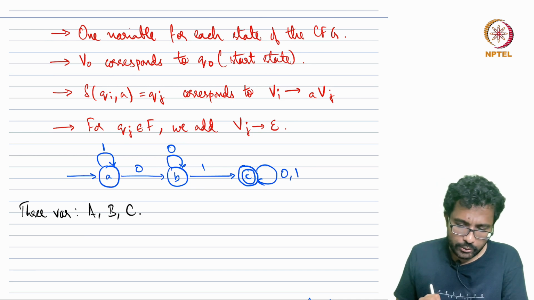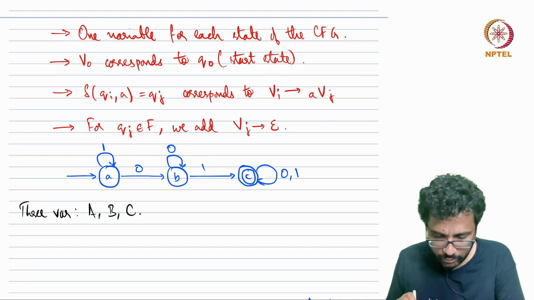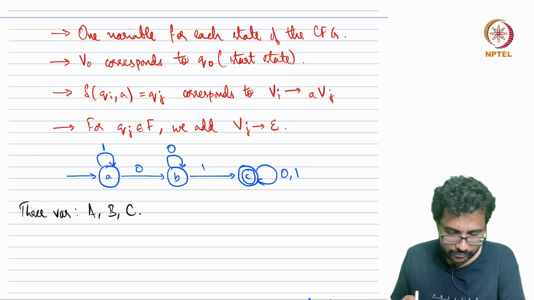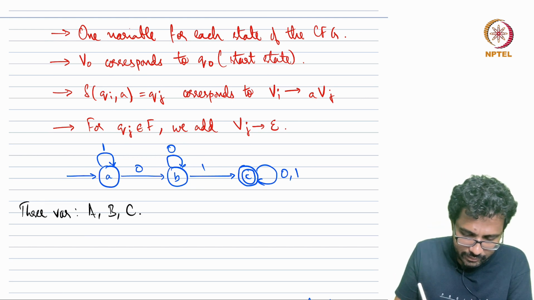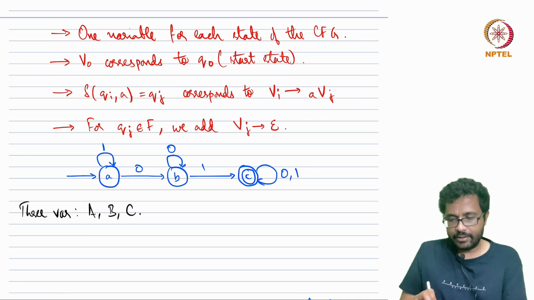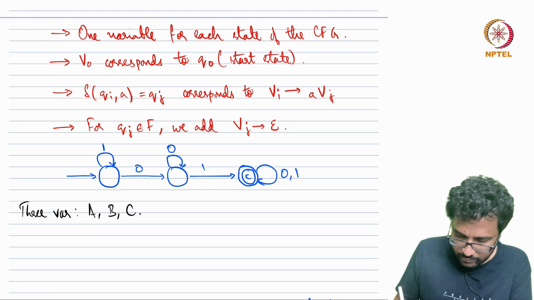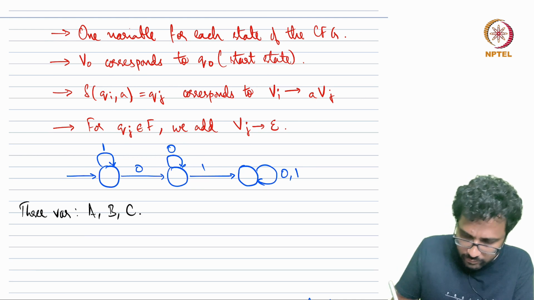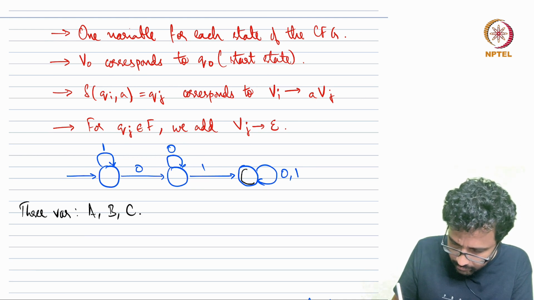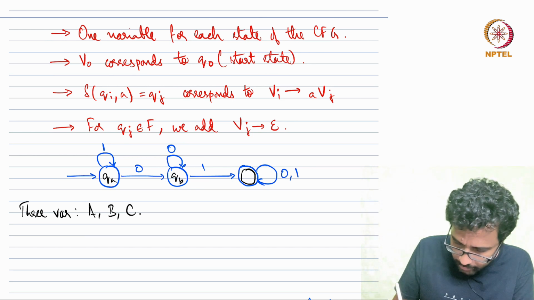So if there is a rule delta Qi, a, okay, there is a small issue here because I am using a for the alphabet in the case of a DFA, and here A is called a state. So maybe I will do a small change. I will call the states QA, QB and QC.